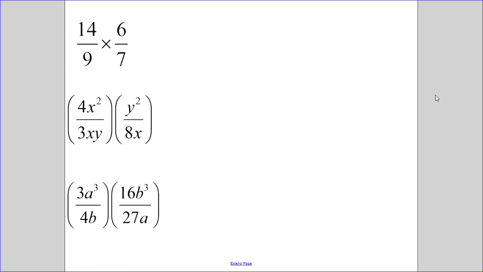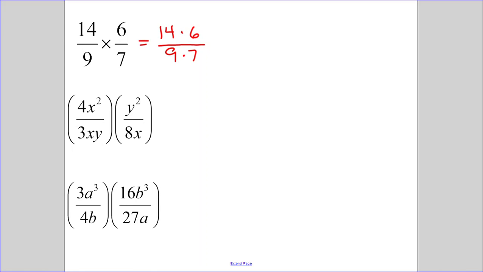You can certainly reduce them at the end. There's nothing wrong with reducing at the end, but it's helpful if you can cancel things out early. So basically, what this is saying is it's 14 times 6 over 9 times 7.